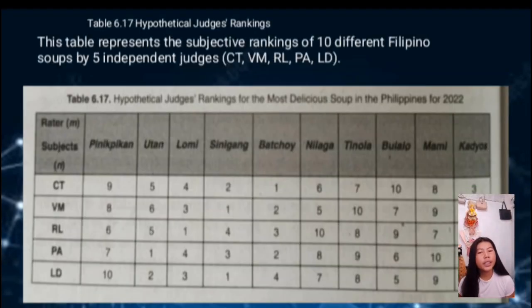So here in Table 6.17 is the raw data. This is the original data where 5 judges ranked 10 different dishes, and the numbers in that table are the ranks given by the judges. Example, sinigang was given rank 2 by CT and rank 1 by VM, then rank 4 by RL, then rank 3 by PE, and rank 1 again by LD.